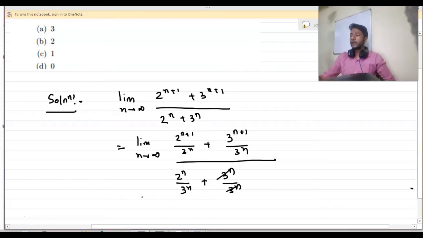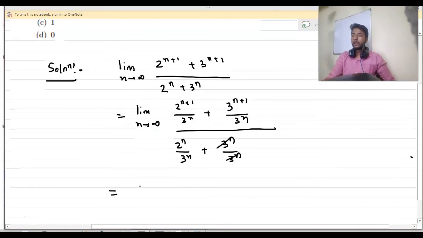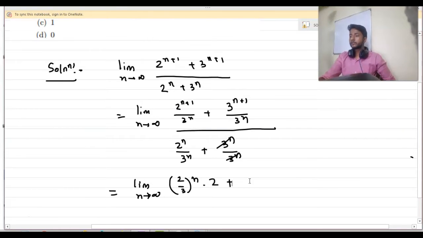So we can write it as the limit as n tends to infinity of ((2/3)^n × 2 + 3) / ((2/3)^n + 1).